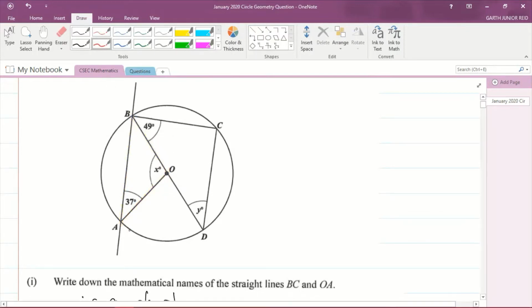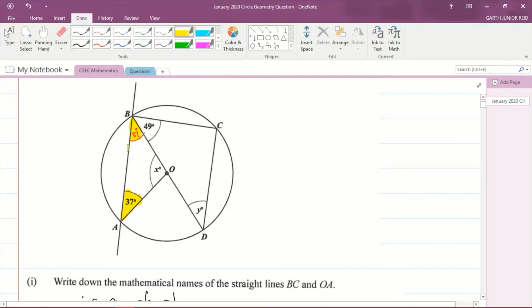Meaning that this angle here, which is 37 degrees, is also the same as this angle here, which should also be 37 degrees, which is the angle OBA. These are what we call the base angles. So how would I now find the value of X?